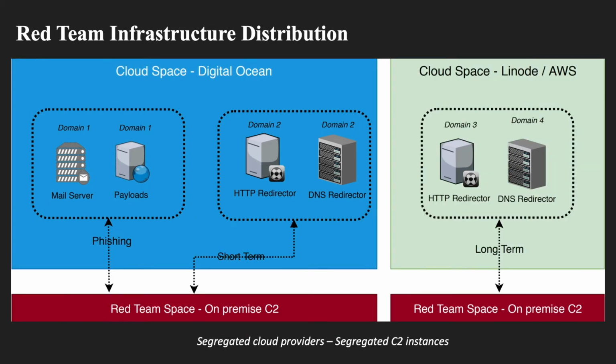But we're not limited to using just one cloud provider. We can use 2 or 3 or more depending on our needs. In this example, I have 4 servers in DigitalOcean and another 2 servers on a different cloud provider. The reason for splitting up the infrastructure like this is, for example, the client sees unexplained traffic going to DigitalOcean. They see a spike in traffic going to DigitalOcean.